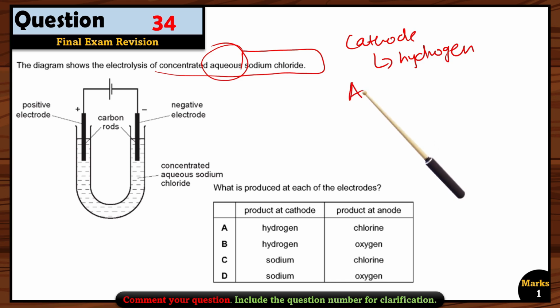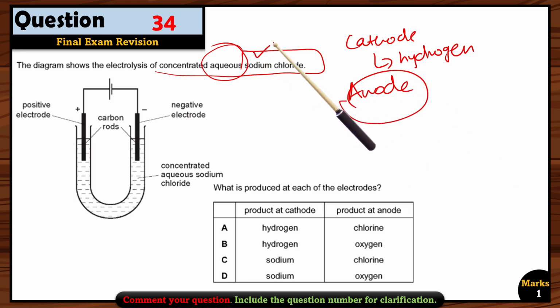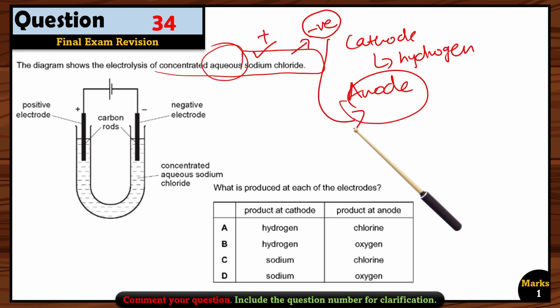Now let's see the anode. I already told you, it will be decided on the basis of the concentration. If the concentration is high, like concentrated, then you are going to get your own anion at the anode. So here, sodium is the positive ion and chloride is the negative ion, right? The negative ion will move towards the anode, or maybe the OH ions can move towards the anode. So now you have to see the concentration.